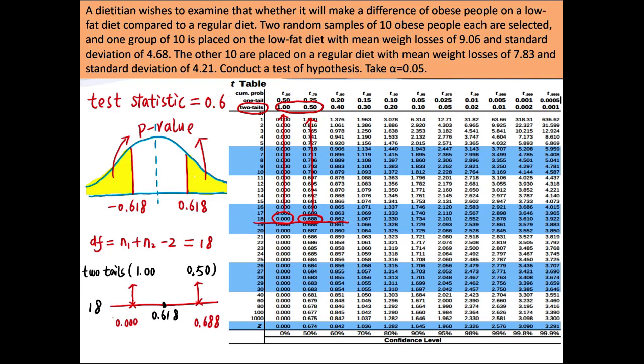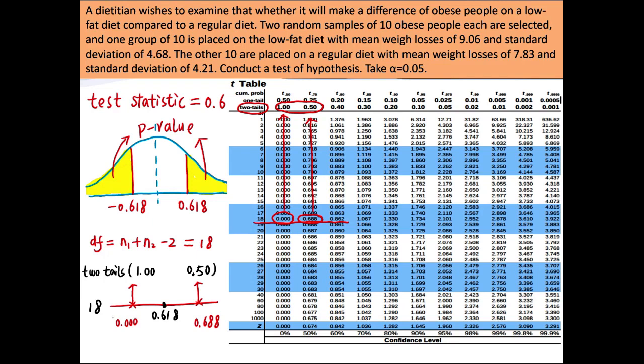And you need to either choose the one-tail range or the two-tails range. And in this question, it's a two-tail problem, so you need to choose the two-tails p-value range, which is 1.00 and 0.50. And next, make a decision.